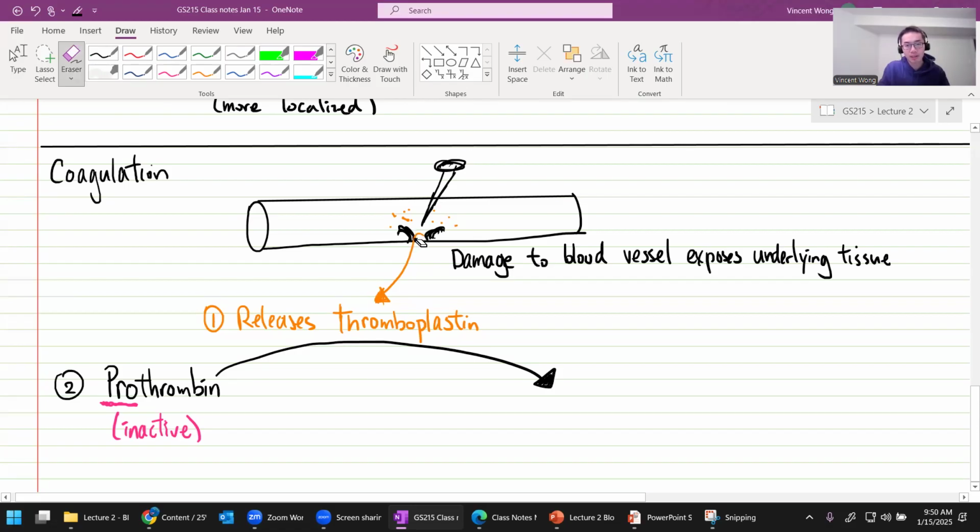When you damage the blood vessels, the damage releases the thromboplastin, which will then turn on the prothrombin. You need a little bit of calcium to do this as well, and it basically cuts the protein and turns it into the active form, called thrombin. Thrombin. This is active now.